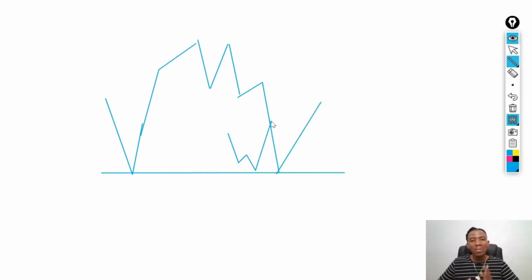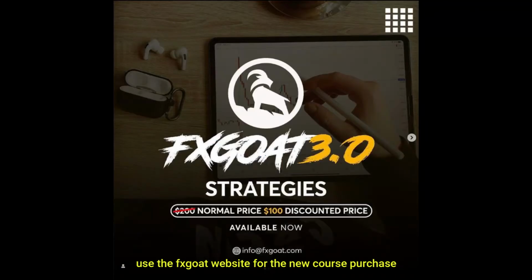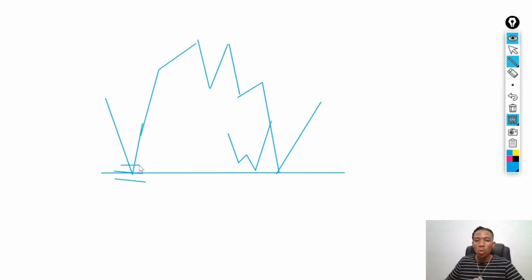We're going to use either a V or a W. However, the psychology behind it is to enter upon the previous retest. Nasdaq likes to retest the previous lows or highs. So the inverse works the same. This is the low; the inverse would be if it's a high.